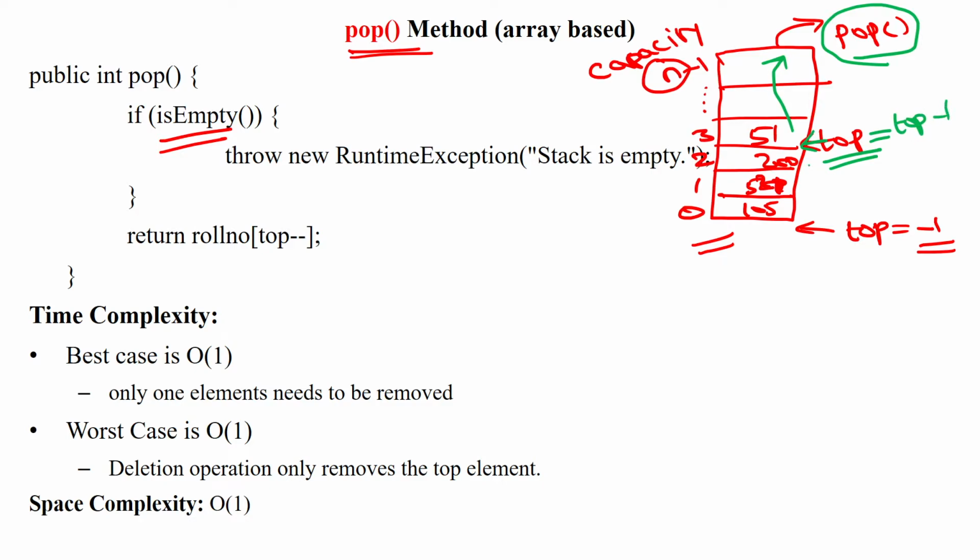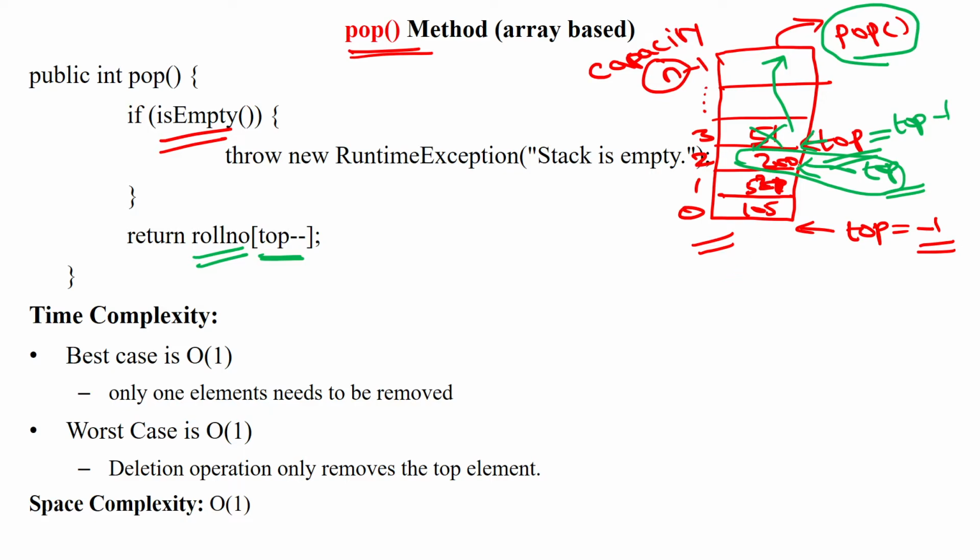The new top is now this one after removing the element, because the top variable always notifies the top element in the stack. We use the array variable roll number, the index is top, and top is decremented by 1. Now the top is representing the 200.